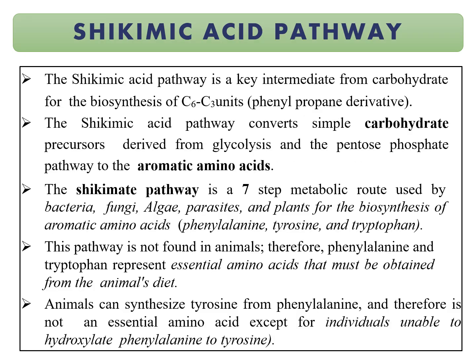Now, the Shikimic acid pathway is a key intermediate between carbohydrate utilization and the different types of pathways that follow. This carbohydrate is biosynthesized into phenylpropane derivatives, that is, the C6C3 unit.